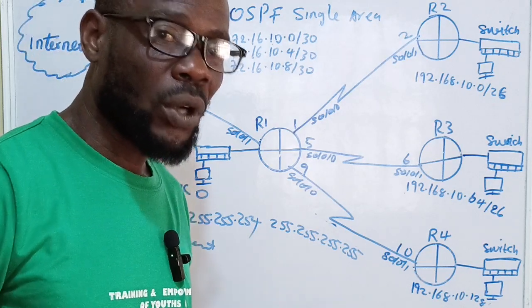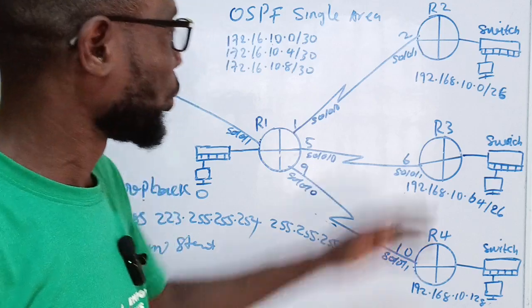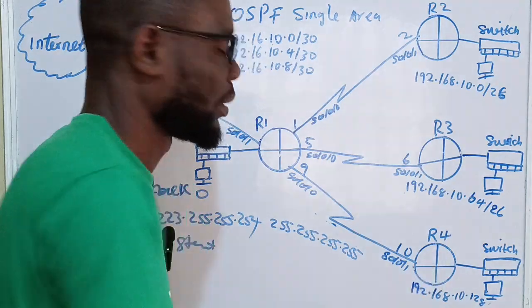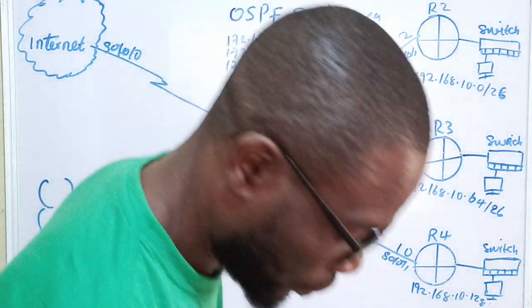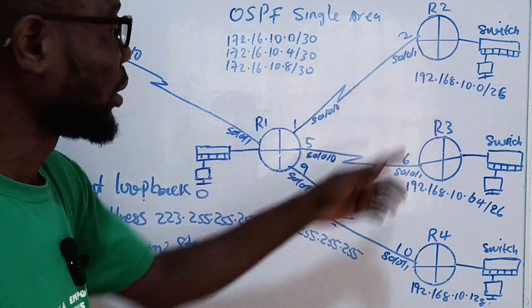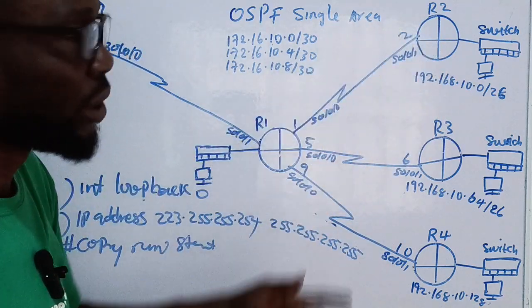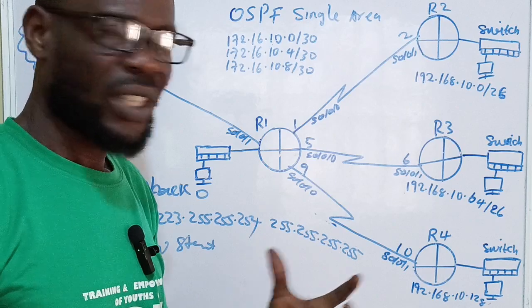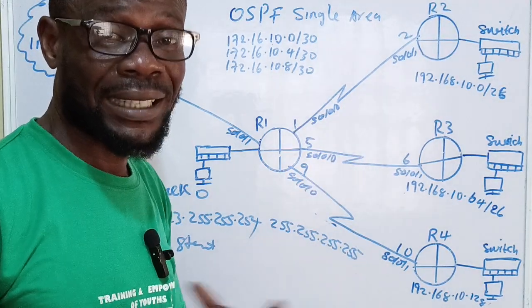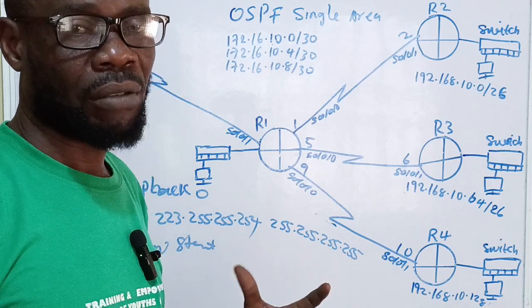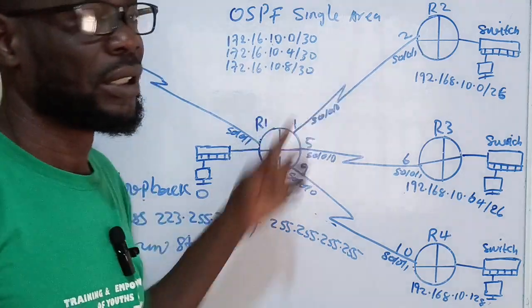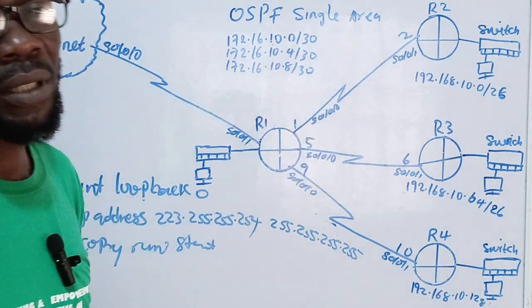To configure the networks, you must do that all here with the IP addresses I used. So by the time you do it, the same thing here, you will see these links establish a connection by giving you a message that adjacency has been established, which means they can send and receive route updates or packets between themselves.